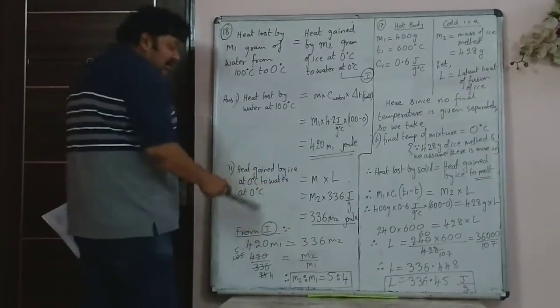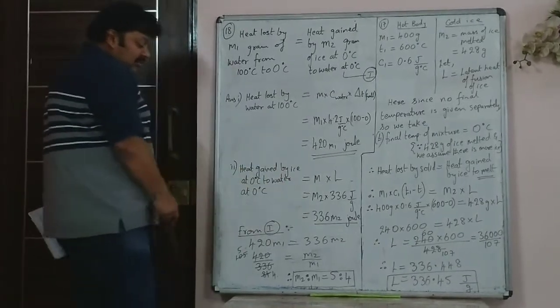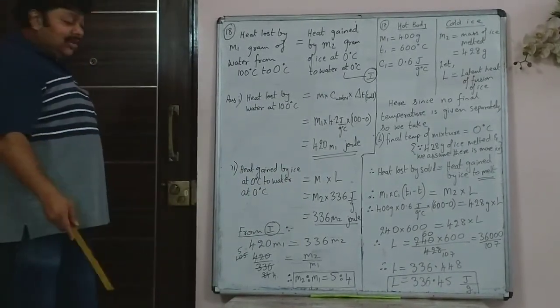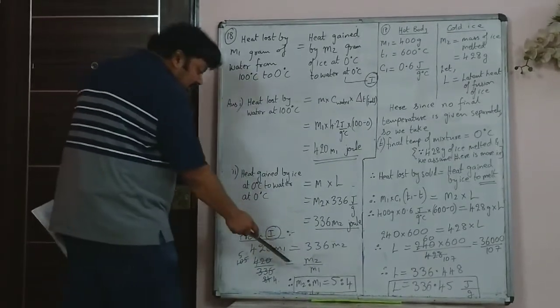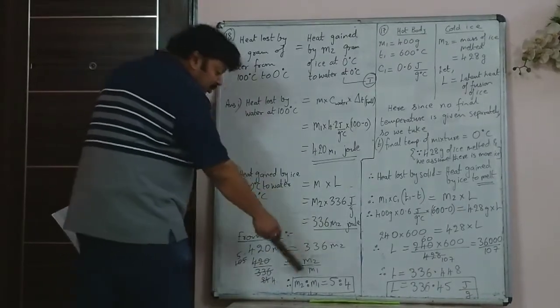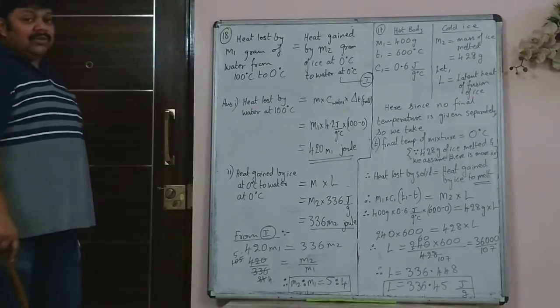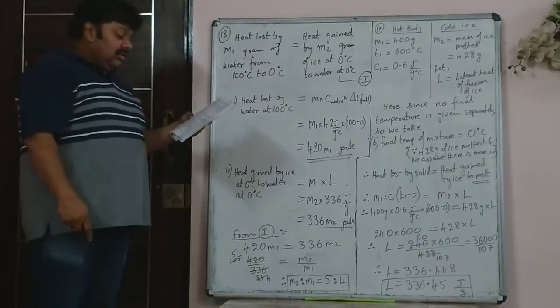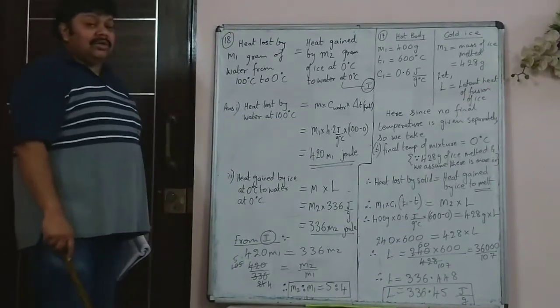So we are just equating this equation with the second equation. You are asked what is m2 upon m1. So 336 has to go below 420, so that m1 will go below m2. When you substitute and simplify, the ratio will be 5:4. That is the ratio of m2:m1. That is the third answer.